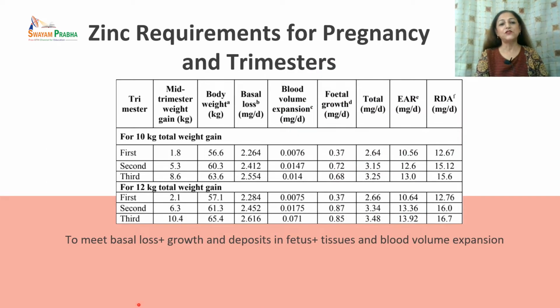This is a table showing zinc requirement for pregnancy and trimesters. Here, for an average 10 kg total weight gain during the first, second and third trimester, or 12 kg weight gain during the 3 trimesters, the zinc requirement has been based on total basal loss, then that required for blood volume expansion, then zinc required for fetal growth, and these have been totaled to reach the value of EAR and RDA.